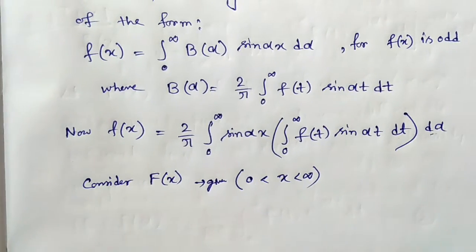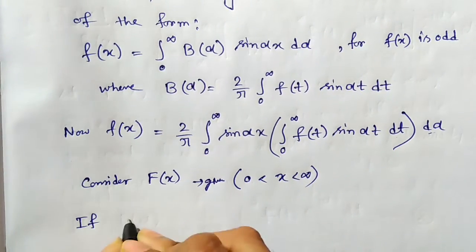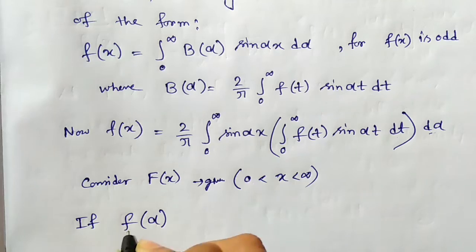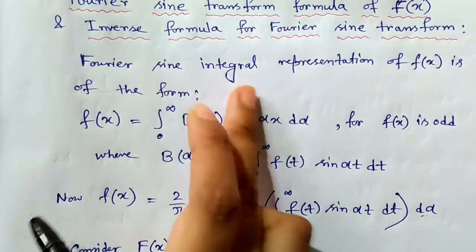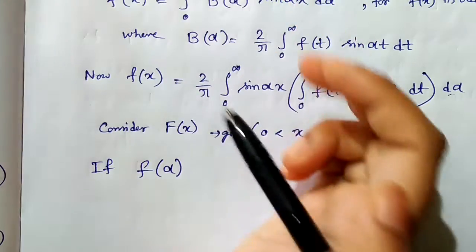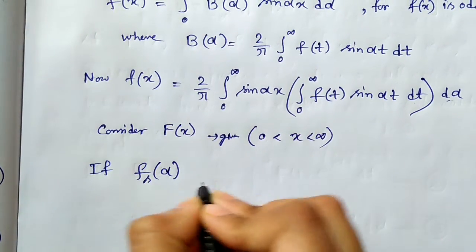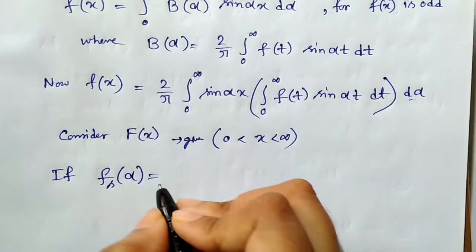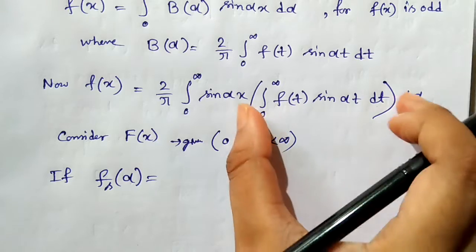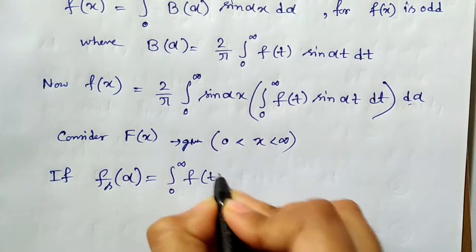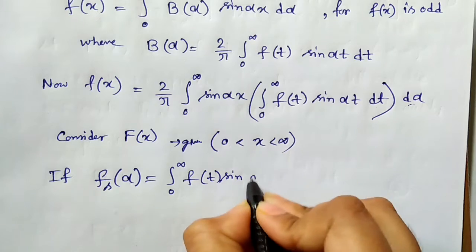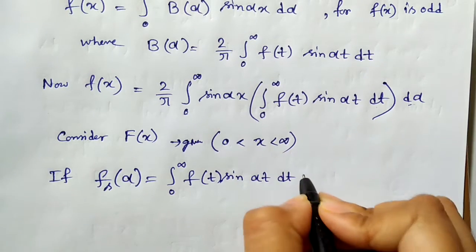In that case, for the sine integral representation, I denote it as Fs(alpha) equal to the bracketed term, integration 0 to infinity f(t) sine alpha t dt.